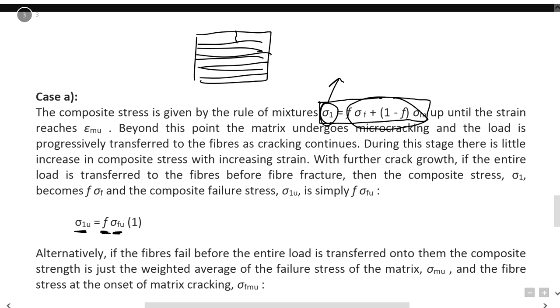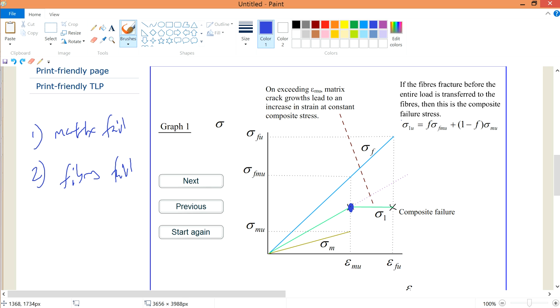If the matrix were to fail, then this part is ignored. It's easy to see already, right? So this fiber term becomes the new, somewhat ultimate stress of the material, so to speak, the amount of stress that it can take. So this is the case where the matrix fails first.